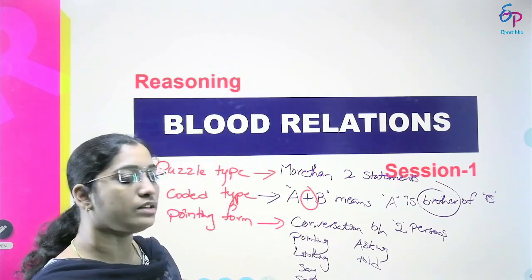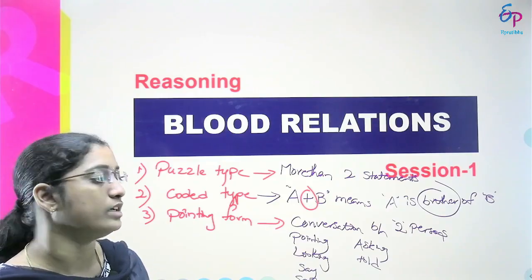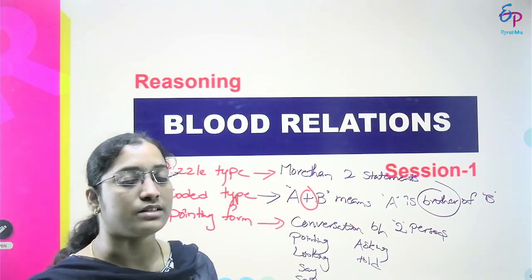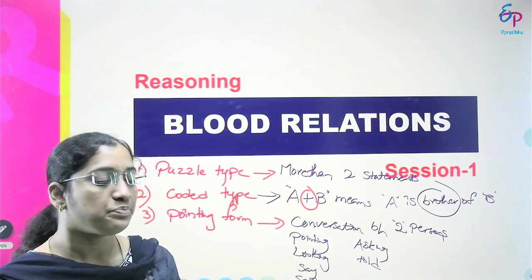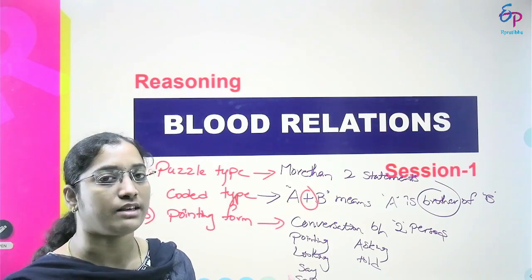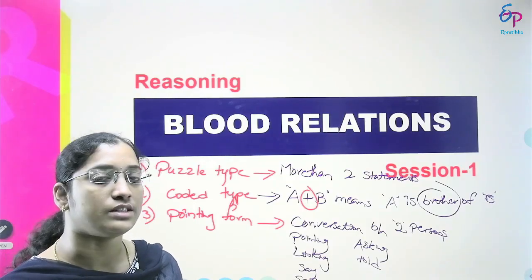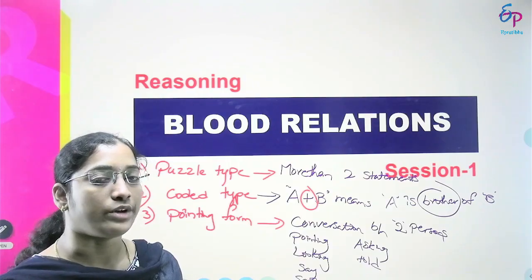So all these are keys, key points. In case you have a pointing form question, definitely in that question we need some conversation between two persons, otherwise we need some basic key points, friends. If you have these types of keywords in your question, definitely that question is related to pointing form question.